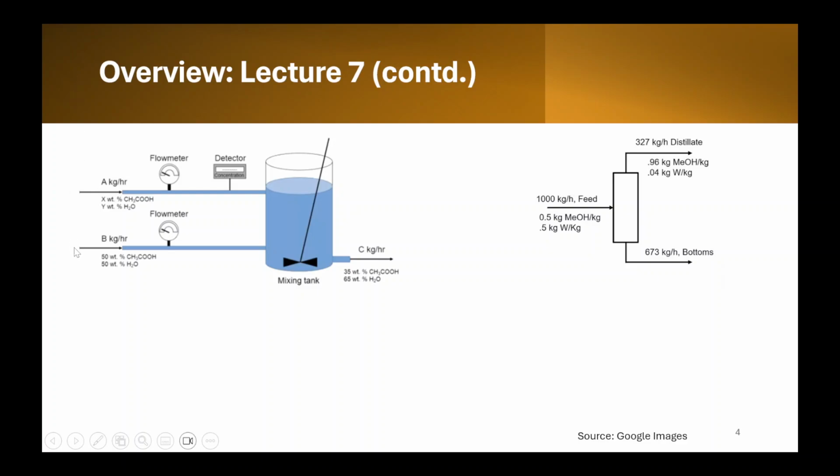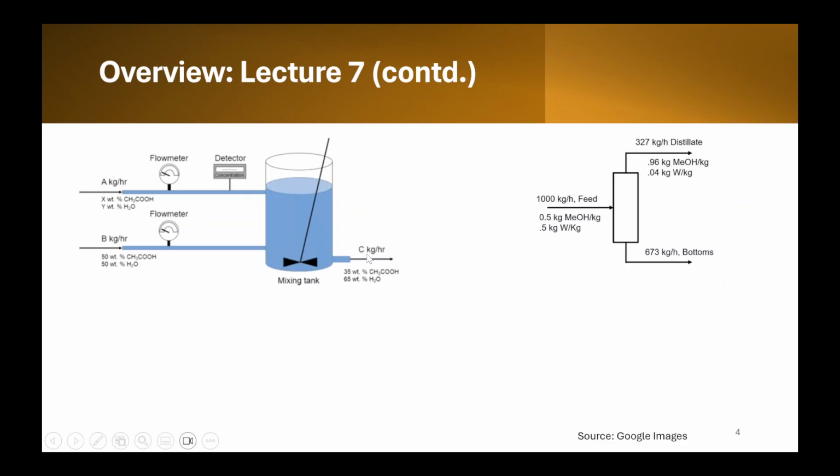So this is the mixing tank, and as you can see, this is stream A, this is stream B. We have named these streams A, B, and C. Now this A stream has some concentration of acetic acid and some concentration of H2O, basically a mixture. And this is another mixture having 58% of acetic acid and 58% of H2O, so equal quantities.